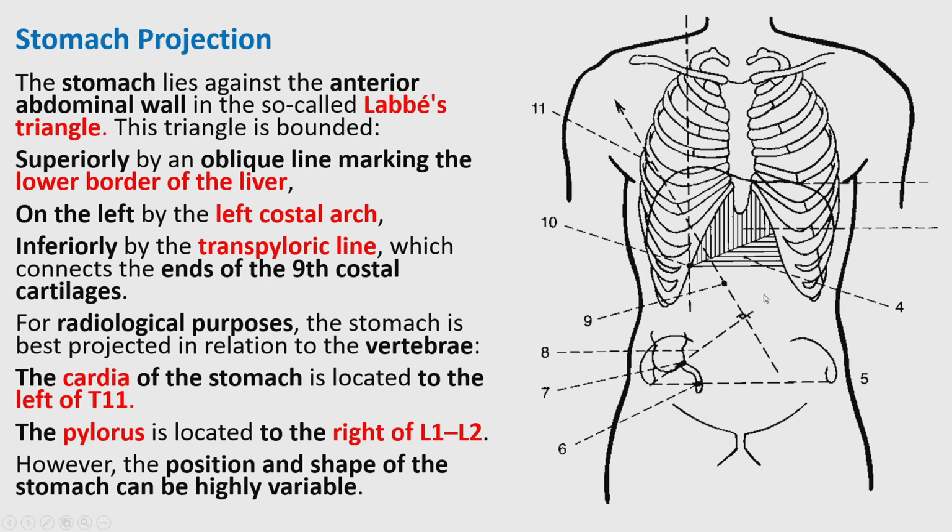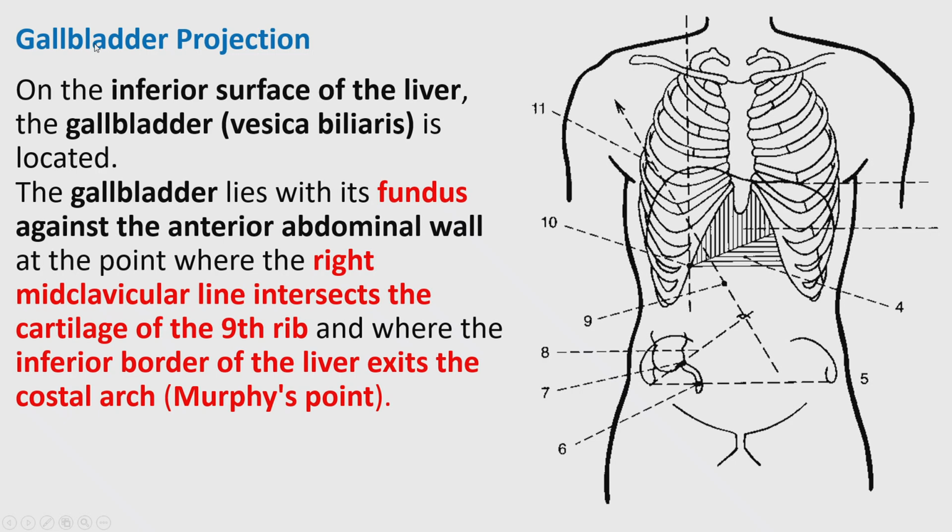Stomach projection is this triangle. This is called Labbe's triangle. Inferiorly, Labbe's triangle is the transpyloric line. Superiorly is the inferior border of the left lobe of the liver, and the left side here is the left costal cartilage. This triangle is Labbe's triangle and is the projection of the stomach.